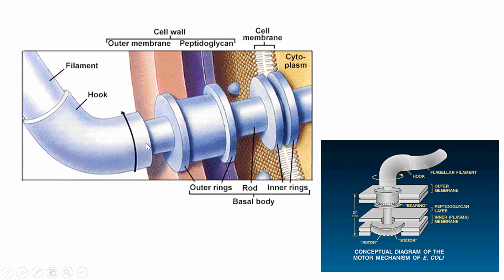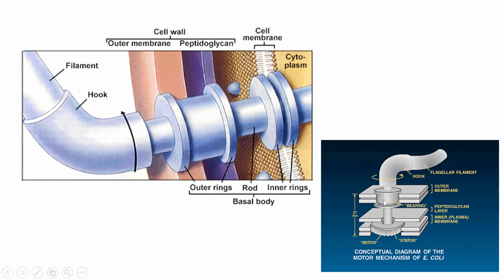Then it is followed by the hook, and finally this is the rod. This part is embedded in the cell wall and cell membrane. So we can see the outer rings and inner rings and one rod, and the rest part is embedded within the cytoplasm.